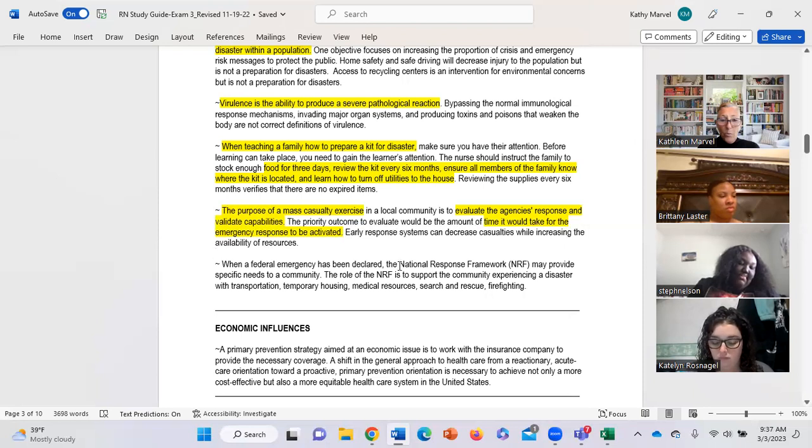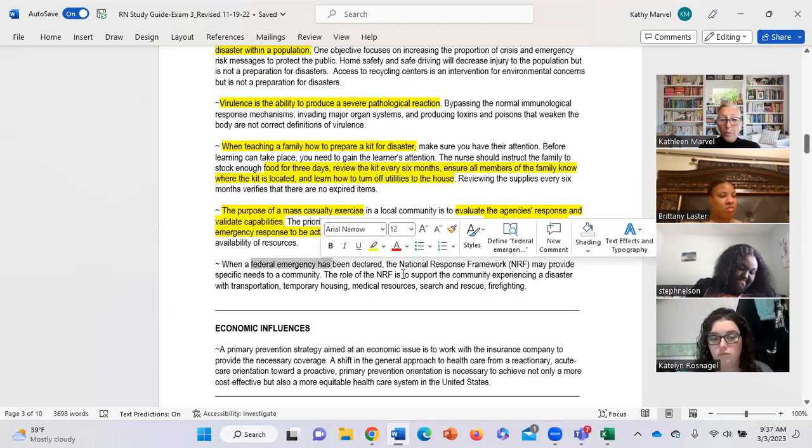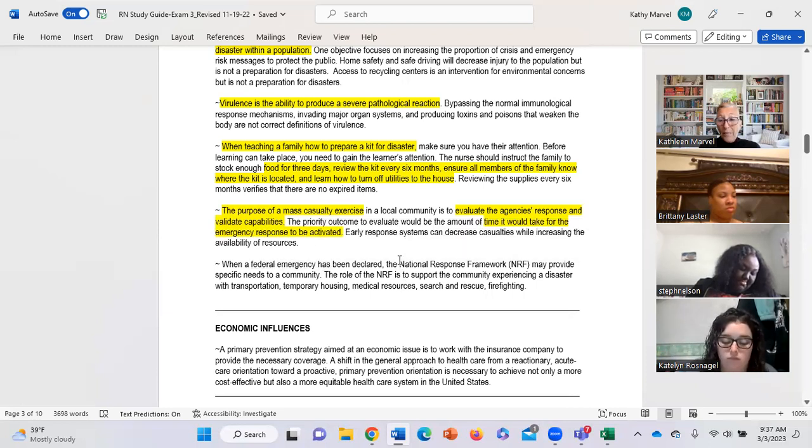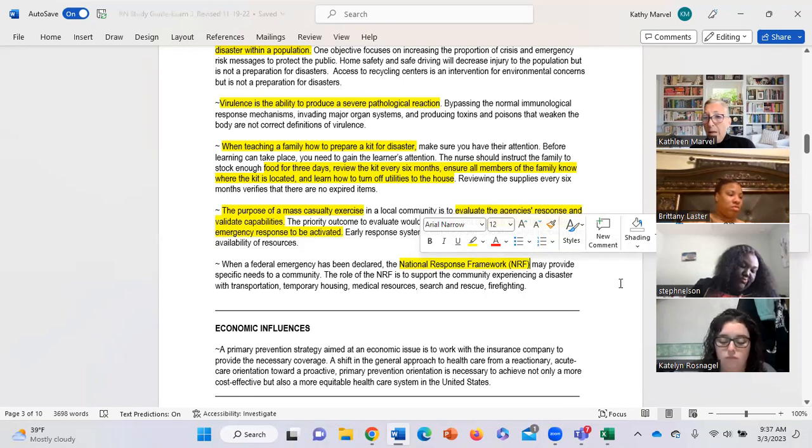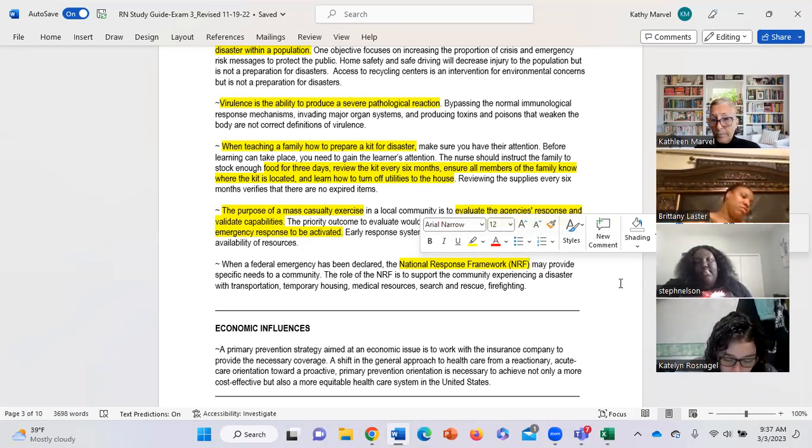But I also want you to know about another, more specific response agency, the National Response Framework, right here. They're part of FEMA, but they are brought in to provide more specific needs to the community. So FEMA is kind of like your command center, and the NRF is an agency that FEMA will send.